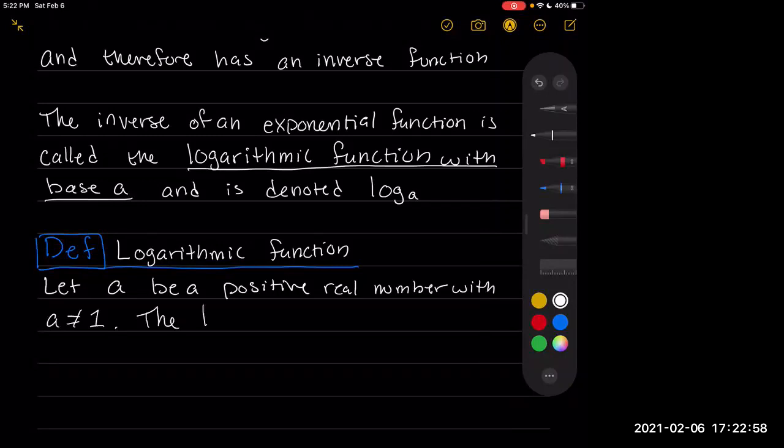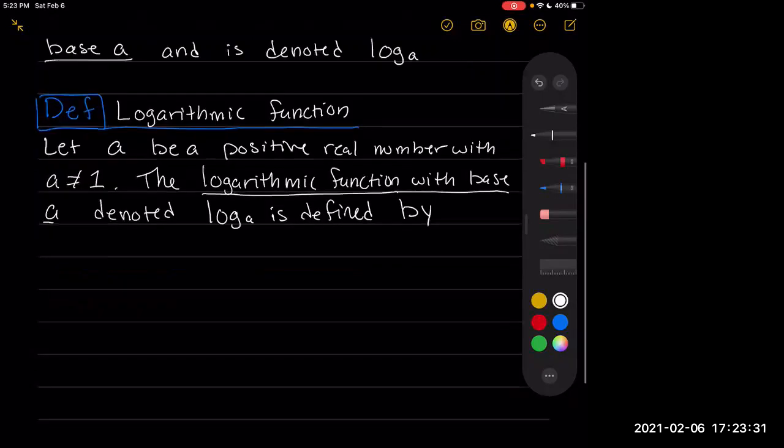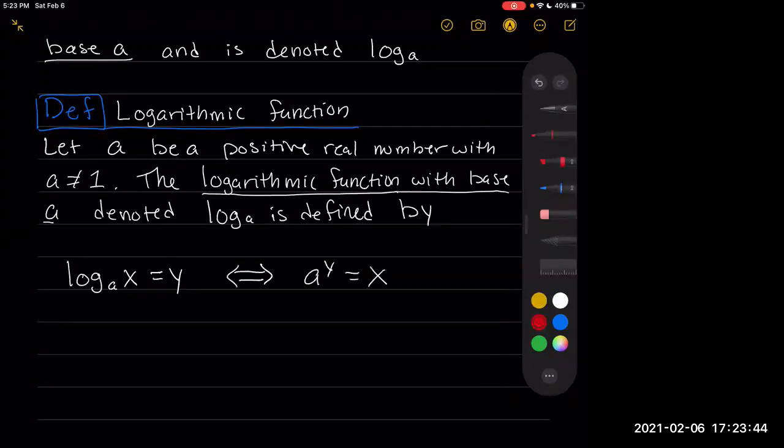The logarithmic function with base a, denoted log sub a, is defined by the following: log a of x equals y is equivalent to a to the y equals x.